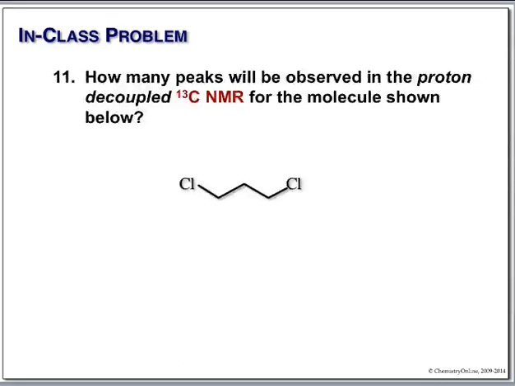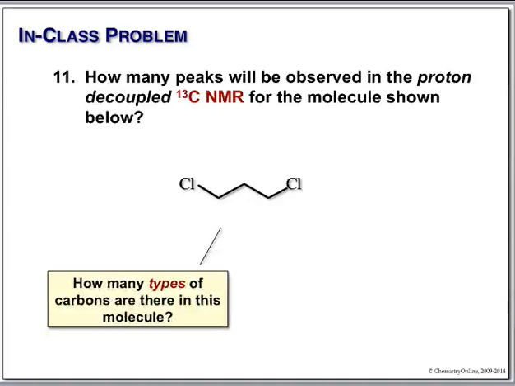Speaking of that, how many peaks for this guy? 2. Sounds like 2 to me. The question is, how many types of carbons? Let's start here. That's obviously a unique carbon, isn't it?